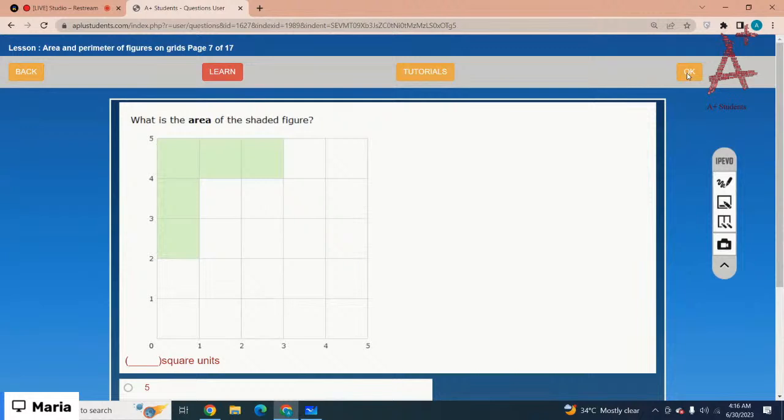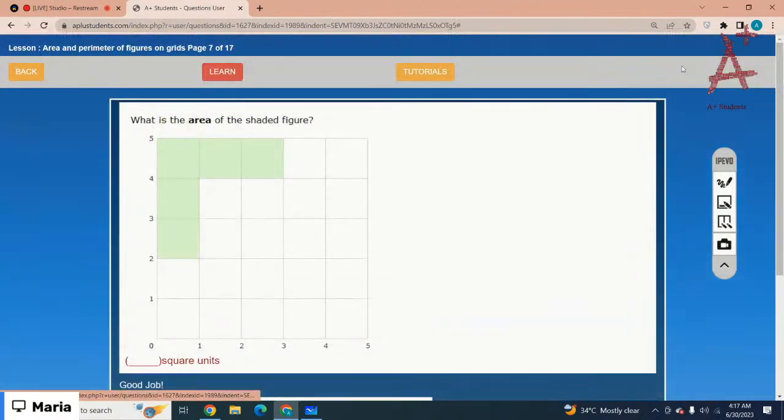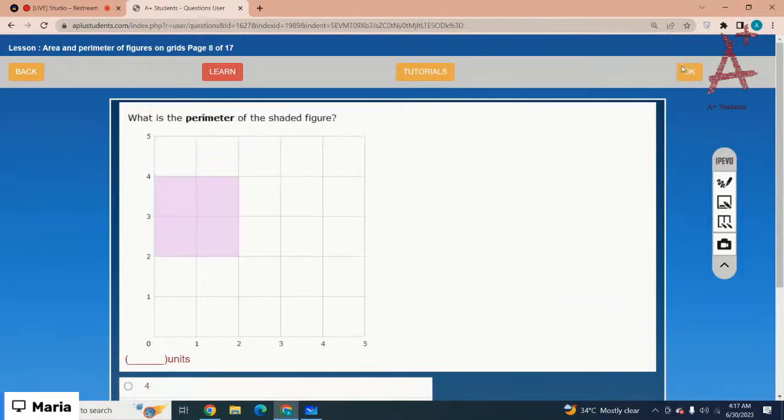Okay, what is the area? So, which is the correct option? The area of the figure is, you can just count the squares, 1, 2, 3, 4, 5. So, the area of the shaded figure is 5. Okay, what is the perimeter?